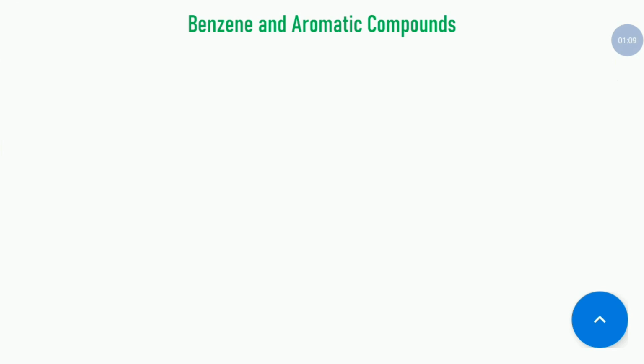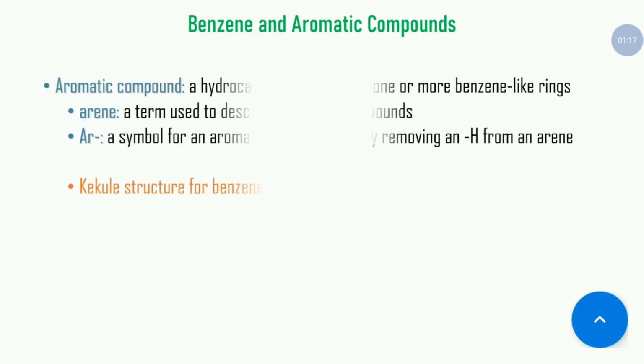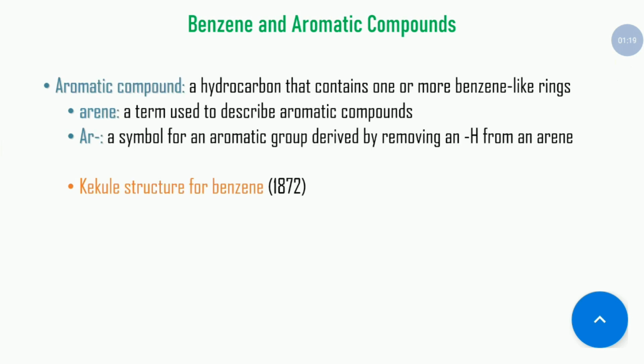So today we are going to learn more about benzene and its derivatives. As we know, benzene is an aromatic compound, and these aromatic compounds are also termed arenes in short form.